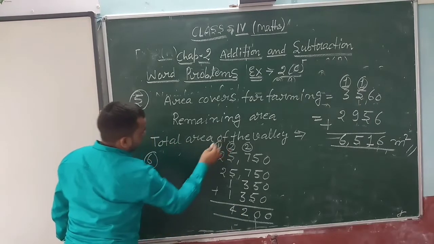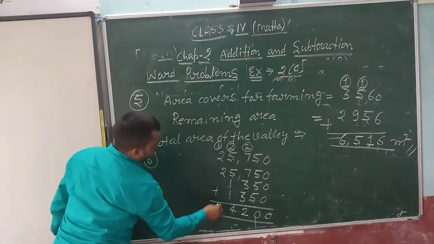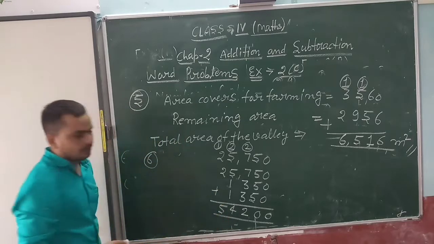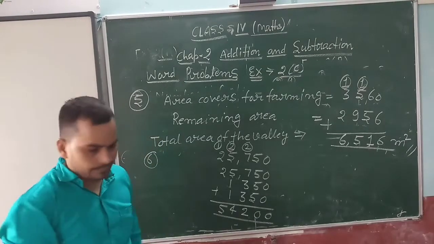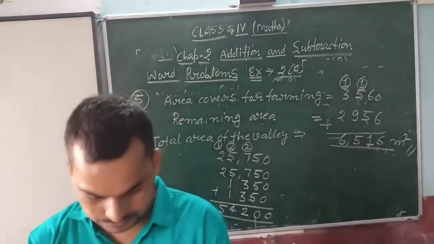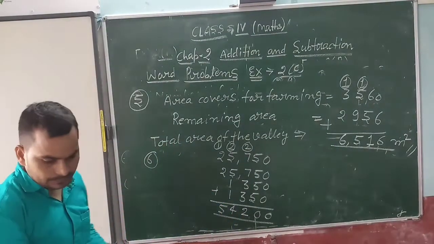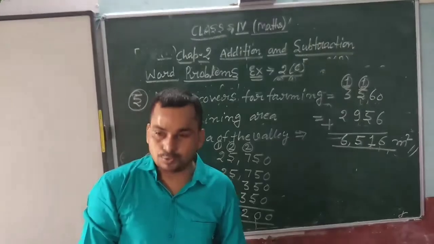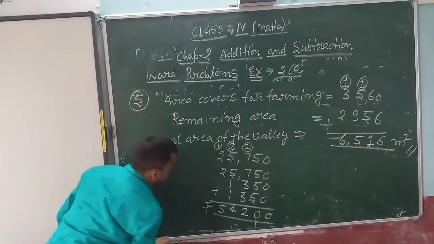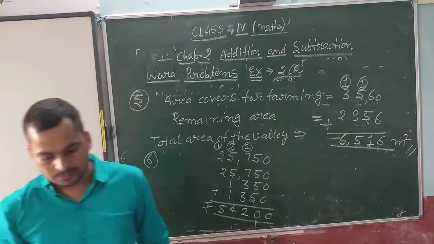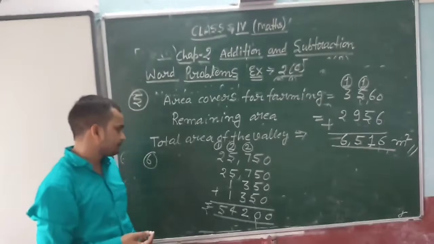Carry out 1. 2 plus 1, 5 so we have 54,200 as a total amount. 54,200 rupees are the total amount both sisters have.